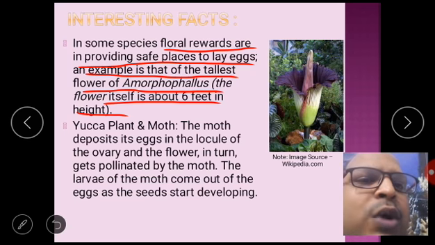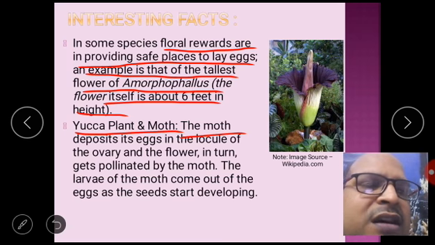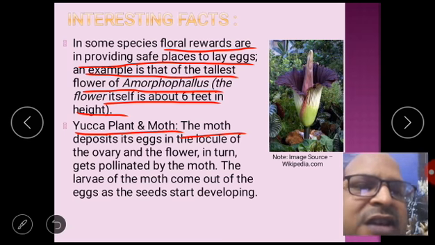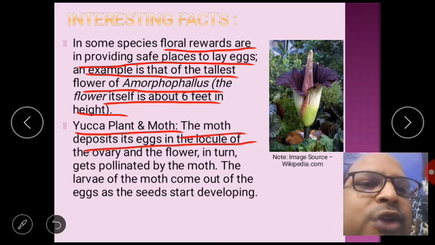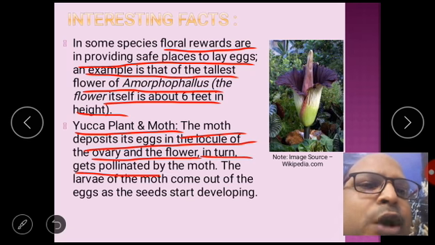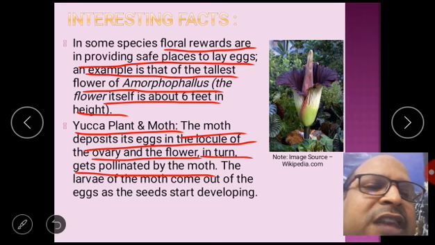Now, one more example we see here is the yucca plant and moth. The moth, which is smaller than an insect, deposits its eggs in the locule of the ovary, and the flower in turn gets pollinated by the moth. That means yucca gets pollinated by the moth.